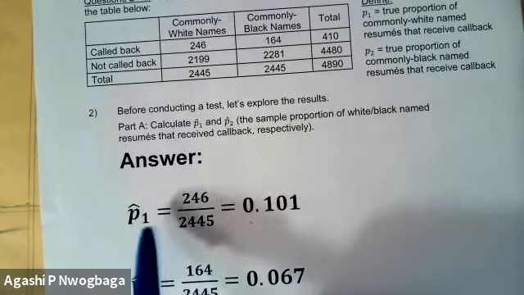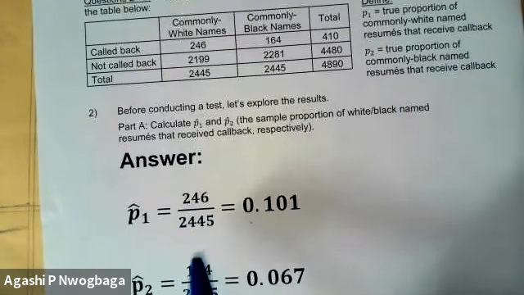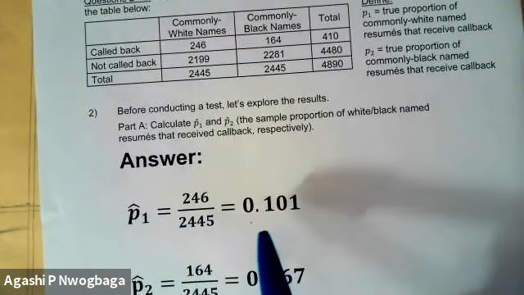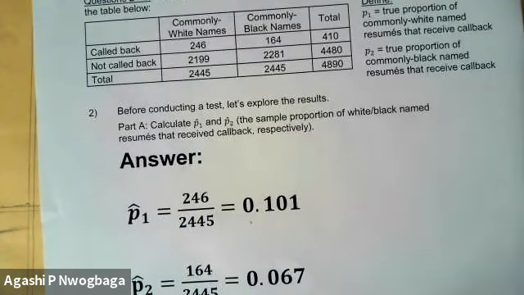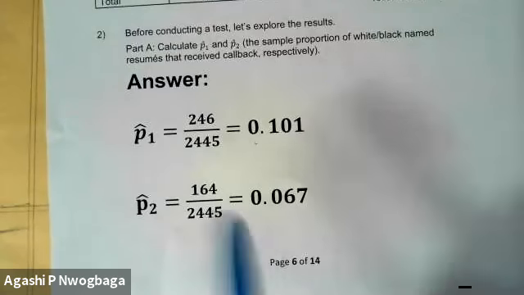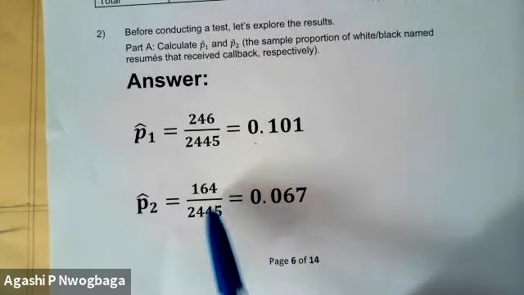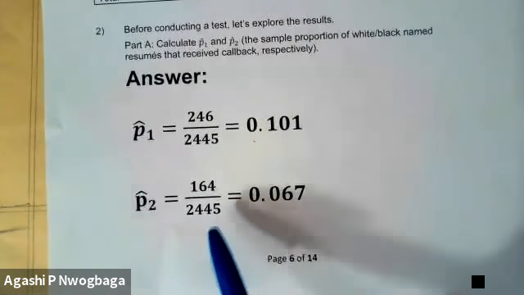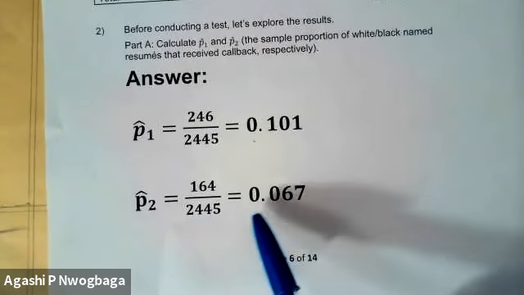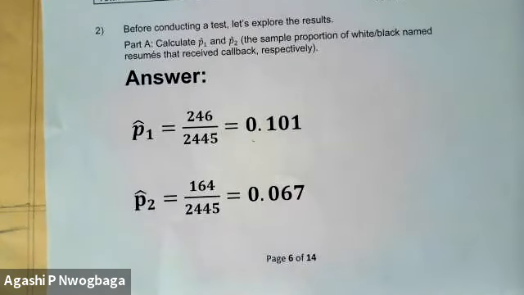So for the white it is 246 divided by 2445. That is 0.101. And then for the black, we have p2 hat, which is 164 over 2445. This reduces to 0.067.